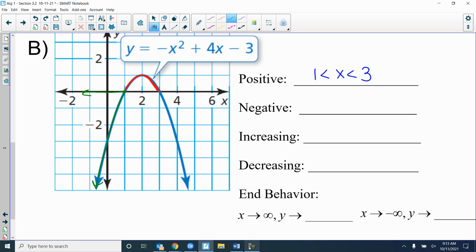X is greater than 1. Are these numbers bigger than 1 or less than 1? Oh, less. So x is less than 1. Good. Okay, now there's a second section right here. How would you describe those numbers, Lucas? Greater than what? 3. So it's going to be these two sections. X is less than 1 and x is greater than 3.